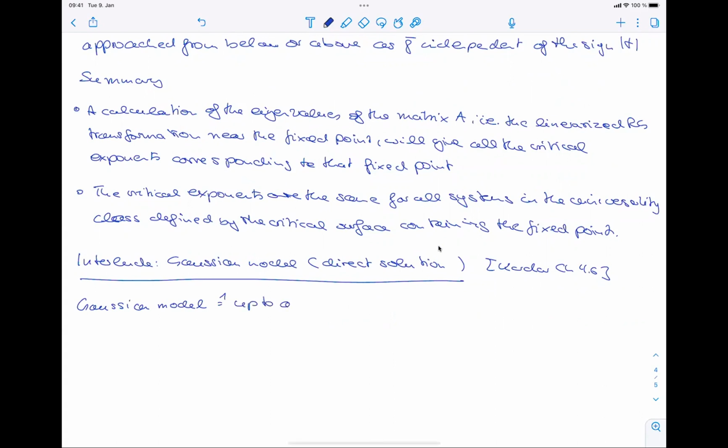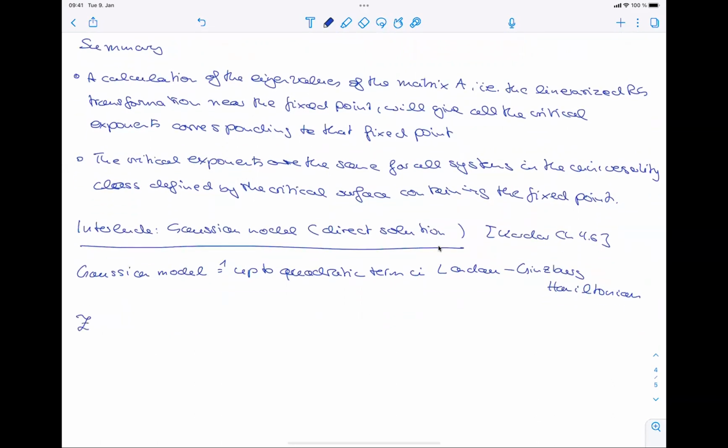So up to the quadratic term in the magnetization, and that means that our partition function is again the functional integral over all magnetization fields, with the effective Hamiltonian being the integration over t m squared.